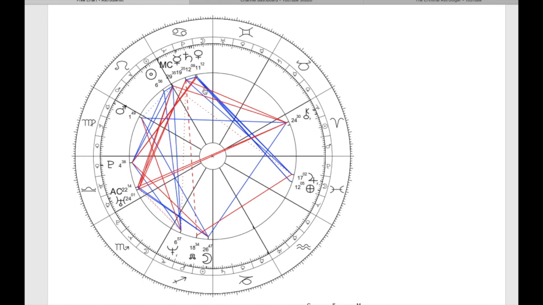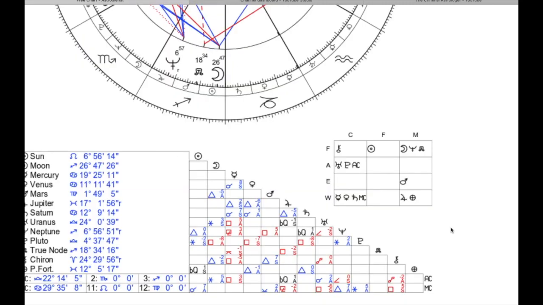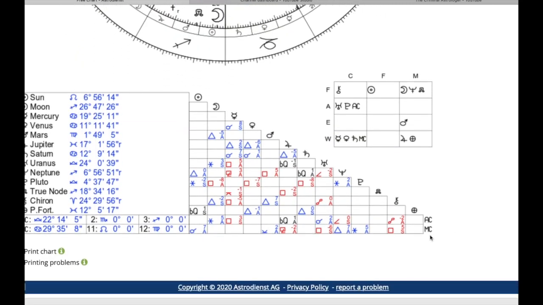I have Mercury squaring Uranus. I have Venus conjunct Saturn, 11 and 12, very closely. So let's have a look down here in this aspect grid and see how that shows up.